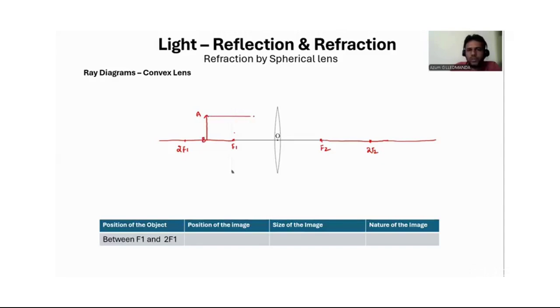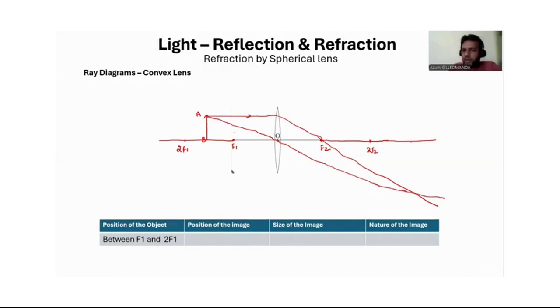Let's do our standard ray incidence: parallel to the principal axis, it should travel straight through F2. If the same incident ray passes through the center, it will go undeviated.